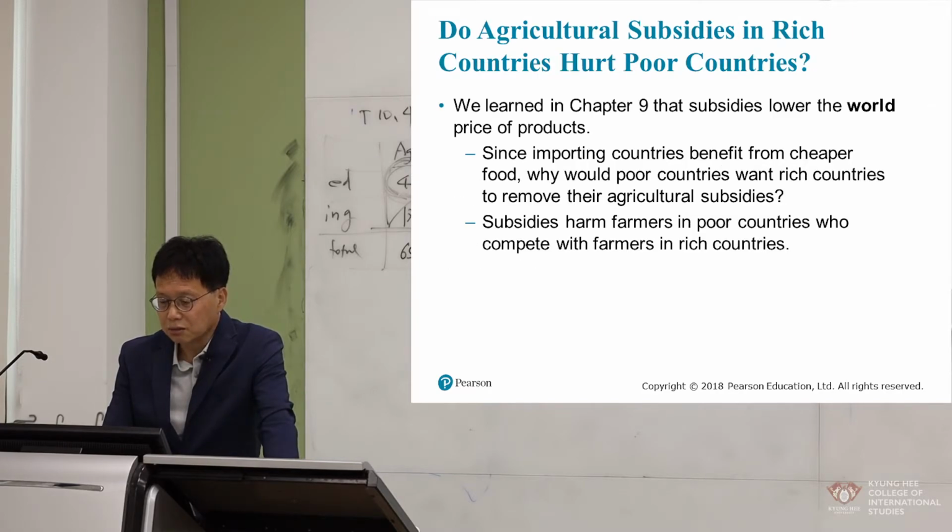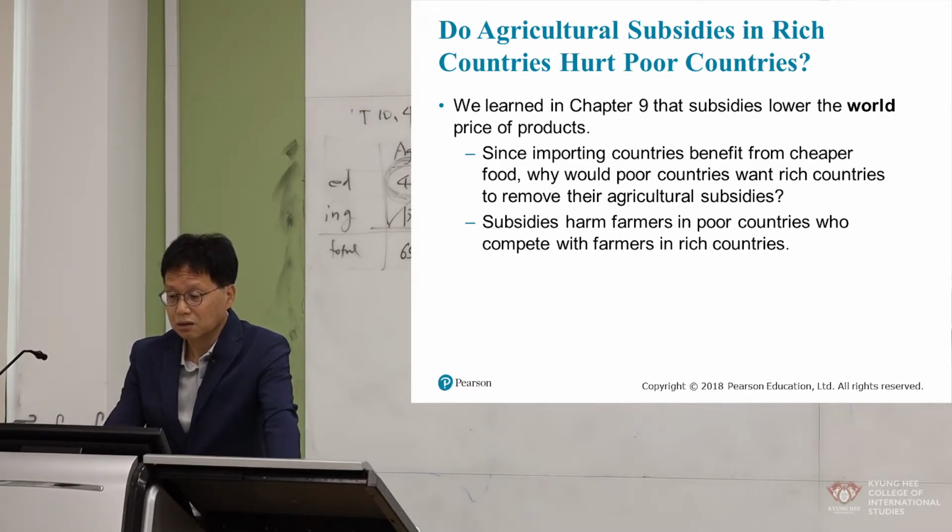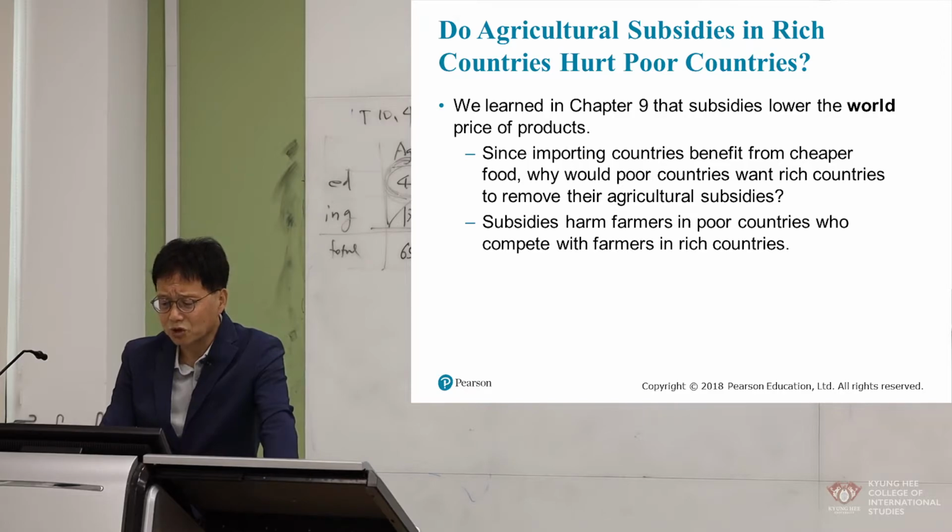Do agricultural subsidies in rich countries hurt poor countries? We learned in Chapter 9 that subsidies lower the world price of products. Right? So we studied the domestic support and export subsidy. So this leads to a decreasing world price. Since importing countries benefit from cheaper food, we already know that.